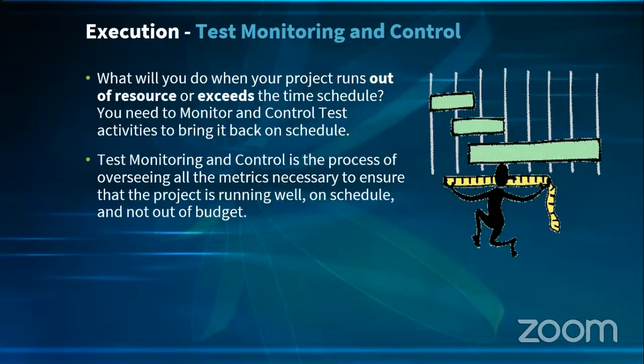So what will you do when your project runs out of resources or exceeds the time schedule? So that's why I said initially that when your resources, maybe your 2 people will be able to test. That's the resources that you have as at the time those were the people drafted to the project.